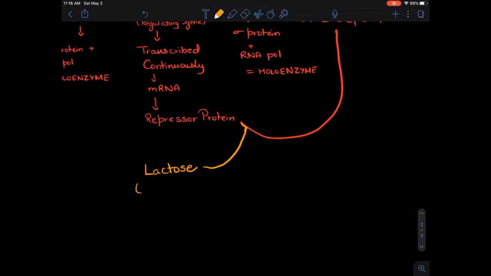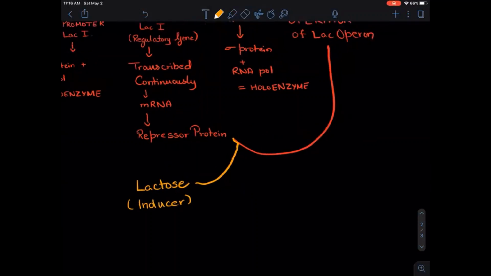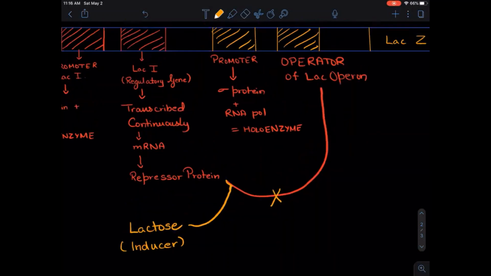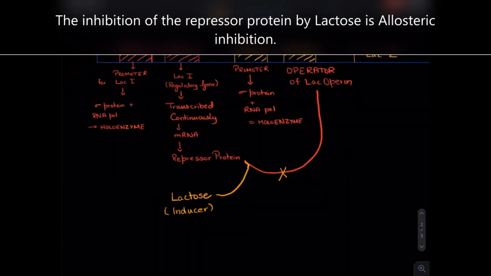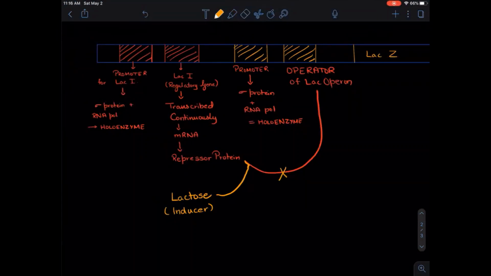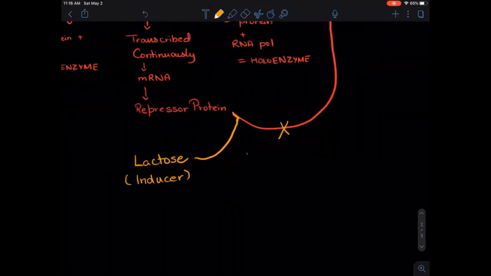So this means lactose is the inducer, because when it binds to the repressor protein, it changes the configuration of this protein and it is unable to bind to the operator. Thus, when lactose is present, the repressor protein cannot bind to the operator, therefore promoting transcription. This is how it is negatively controlled.